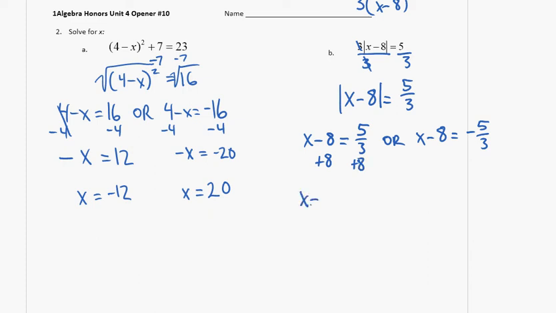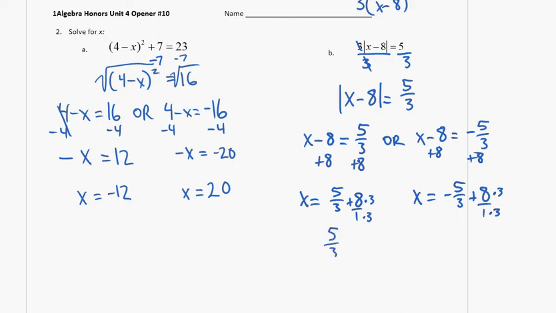So I'll have x equals 5/3 plus 8 on this equation, and I'll add 8 to both sides over here and get x equals negative 5/3 plus 8. And I suppose in order to add this 5/3 and this 8, I'll probably want to get a common denominator, which I could just make be 3. So I'll have to multiply 8 over 1 by 3 in both the numerator and the denominator, and I'll be doing the exact same thing over in this other equation.